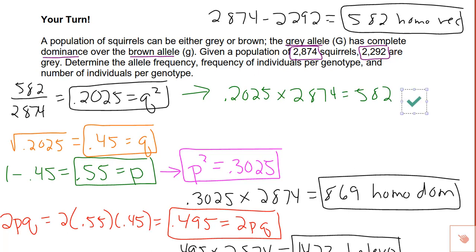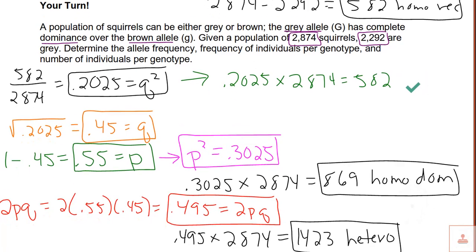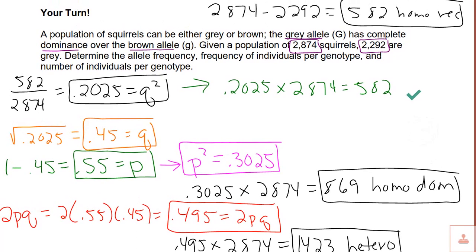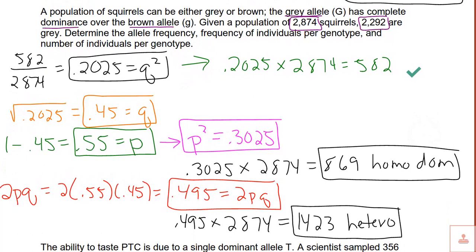I also know that there are 869 homozygous dominant, and there are 1,423 heterozygous. Since those should all add up to the total number of squirrels, you can check your answer by doing 582 plus 869 plus 1423, and you would see that they do in fact add up to the total number of squirrels, which is really more of my individuals per genotype.